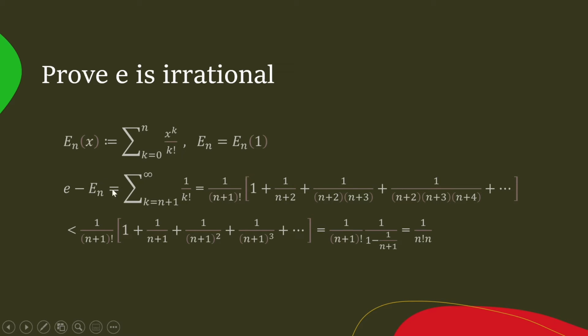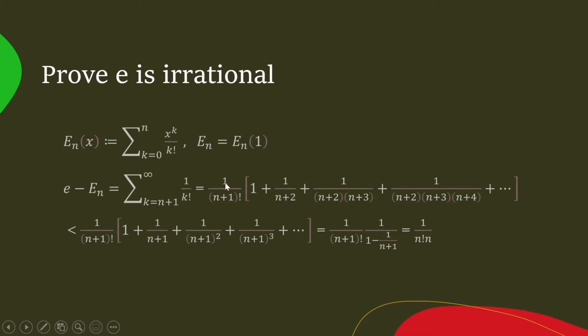Once you take away the first n terms of the series, you're left with the infinite sum, k equals n plus 1 all the way off to infinity of 1 over k factorial. So that's the difference. Now we're starting with 1 over n plus 1 factorial, then 1 over n plus 2 factorial, 1 over n plus 3 factorial, etc. So what we can do is factor an n plus 1 factorial out of the denominators.